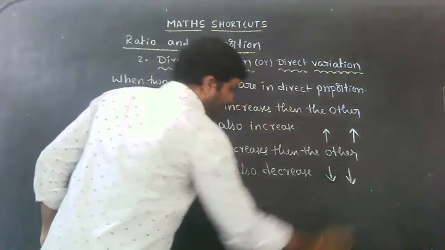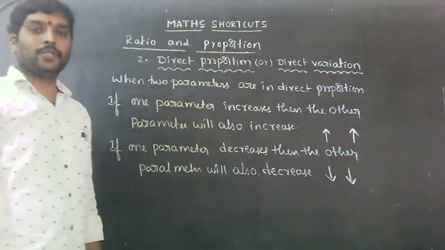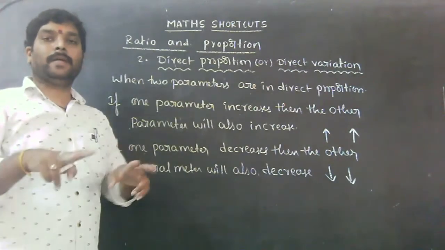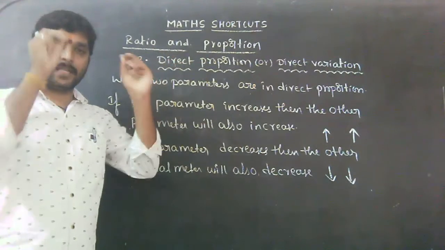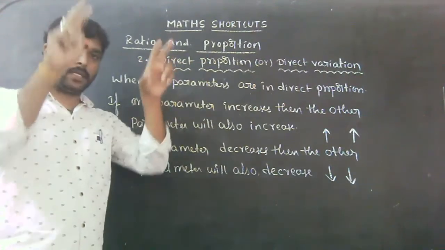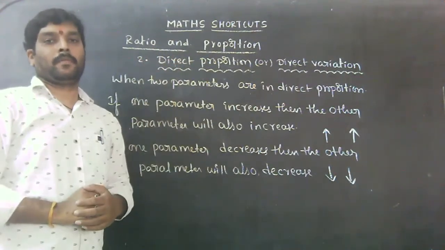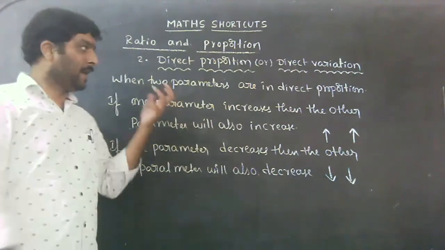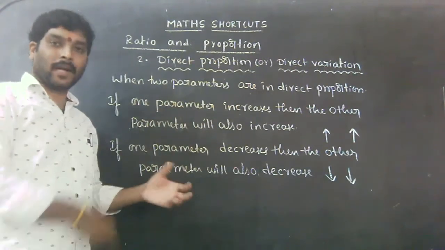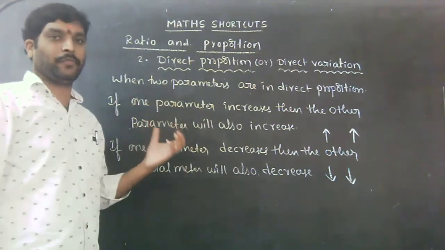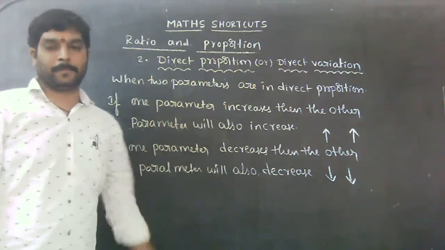This is direct proportion. Both of them increase at a time, and at the same time the two things decrease. Okay? This is direct proportion. We'll take the condition. How to write the condition for direct proportion?